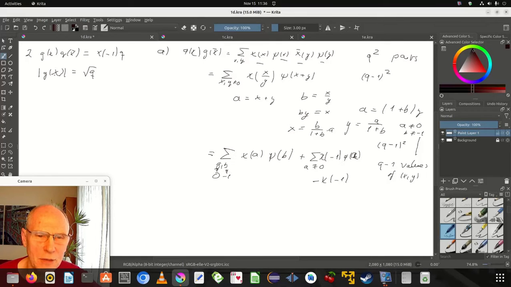The sum of all of these will vanish, except psi of minus 1, so when we extend, we get minus psi of minus 1.